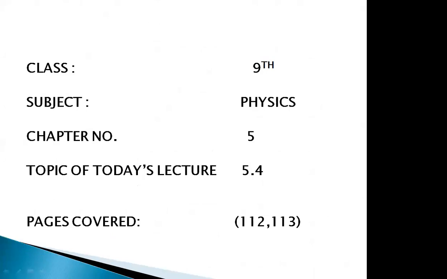This is the last topic of chapter number 5. Again, I repeat, open your ninth class book, page 112. Topic is 5.4 artificial satellite. Today we are going to finish this chapter.